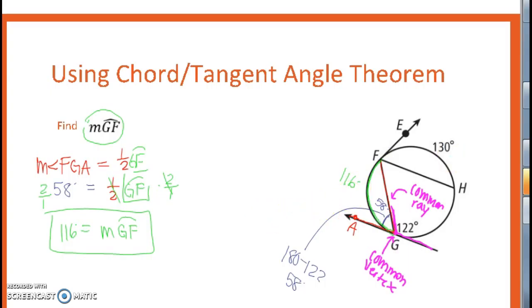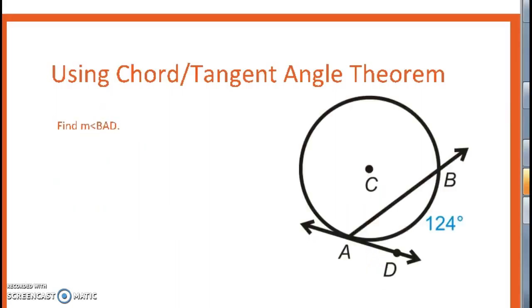All right, let's look at another practice problem. So here's another practice problem using the chord tangent angle theorem. Here, I want to find the measure of angle BAD. So that's this angle in red right here, formed by our secant and tangent.